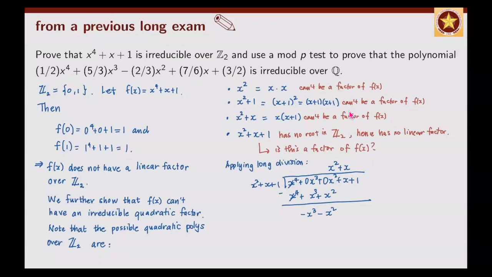Yes po sir. Oo. Kasi kapag tayo nasa Z sub 2, ang negative x cubed parehas lang sa x cubed. Kasi yung negative 1 parehas lang sa 1. Thank you po sir. Kaya sinulat ko na lang na pwede nyo rin naman isulat negative 1. Kaya lang ako I just stick to the convention na laging 0 or 1 lang. Pero pwede rin naman iwanan yung negative 1 dyan.